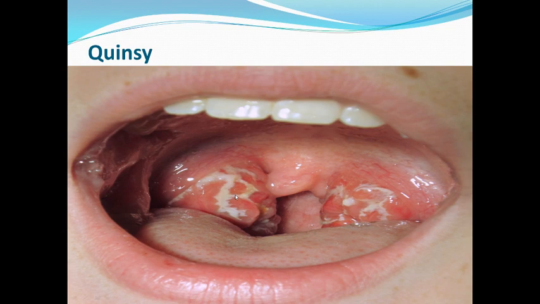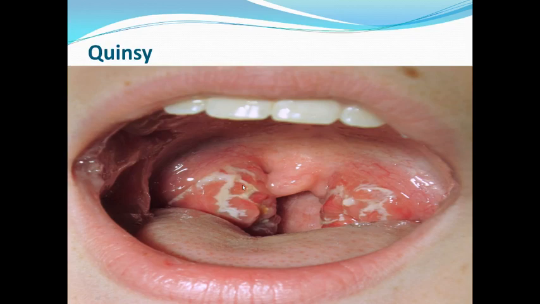So suppuration in the peritonsillar area is termed as quinsy, or is also termed as peritonsillar abscess. Sometimes a closed abscess, a closed sac filled with pus, is there, which is termed as peritonsillar abscess.